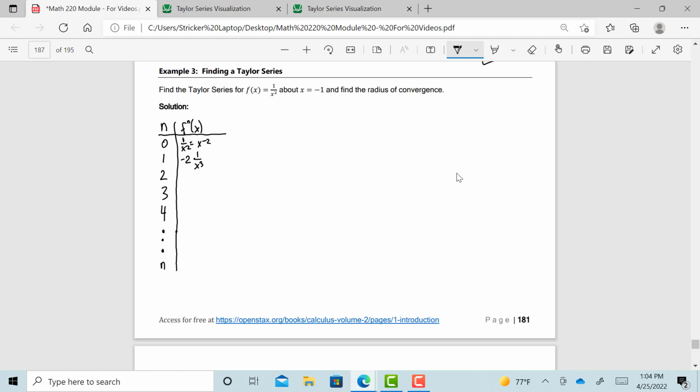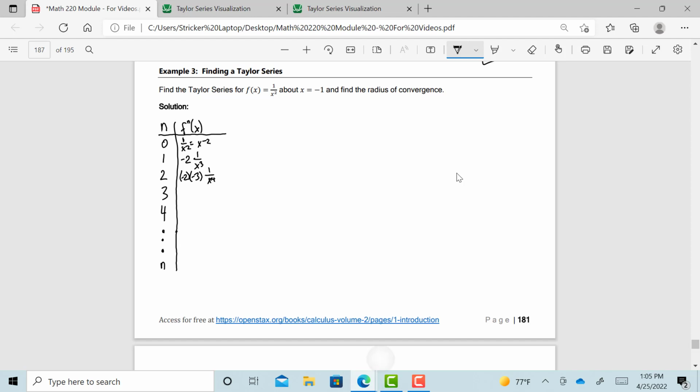Again, if we think of our power as -3, we would multiply that -3 to the front, so we'd have -2 times -3, which is going to be +6. But rather than multiply it out, just so we can see some sort of pattern, I always recommend that you just leave it. So this is going to be -2 times -3, and now it's going to become 1 over x to the 4th, right?